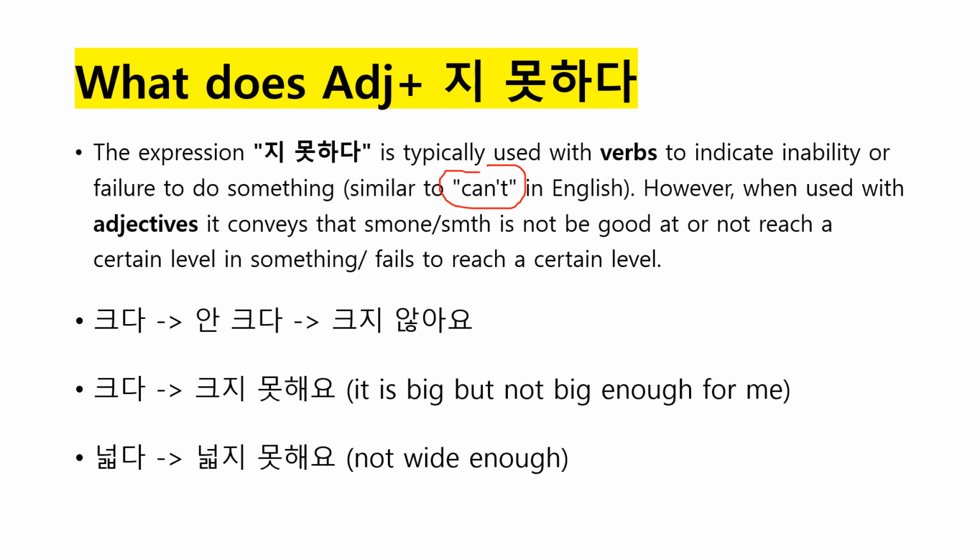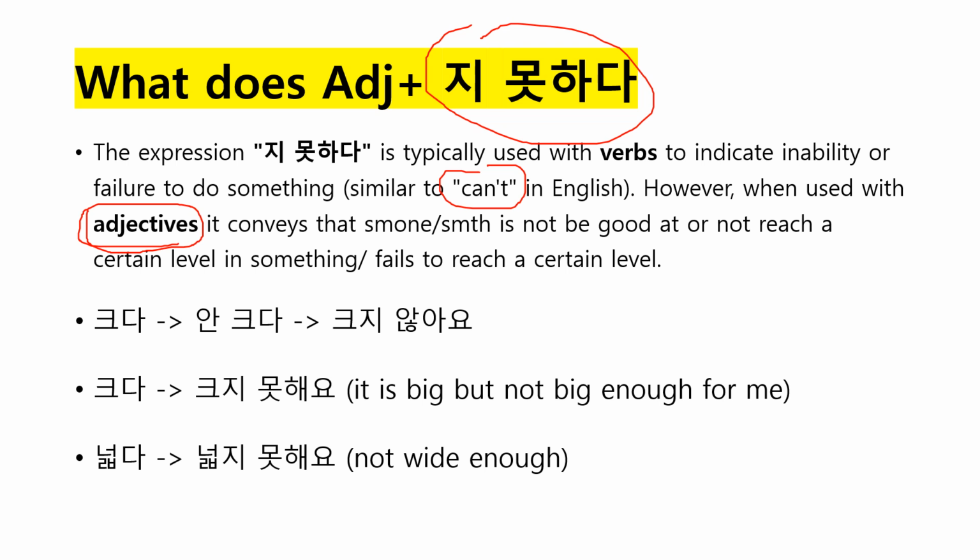But when you use it with adjectives, this is the key point here, adjectives. Like cold, beautiful, smart, big, small, large, these words are all adjectives. So you can use 치 못하다 with adjectives. If you remember, I told you that we cannot use 치 못하다 with adjectives, but actually there is an exception.